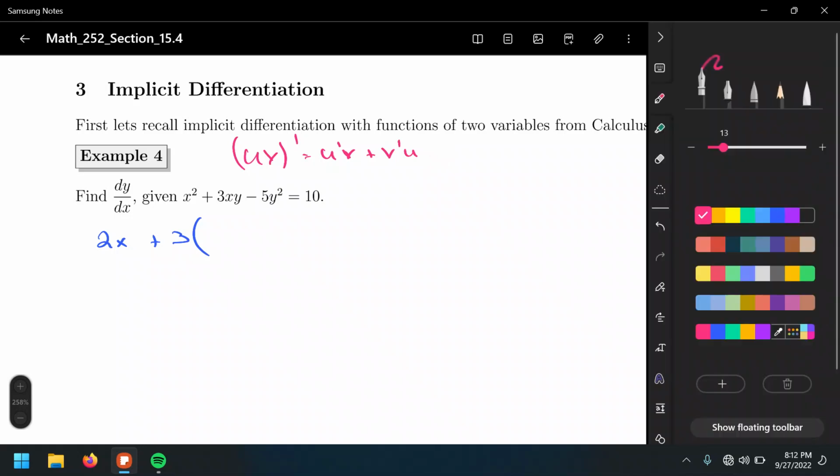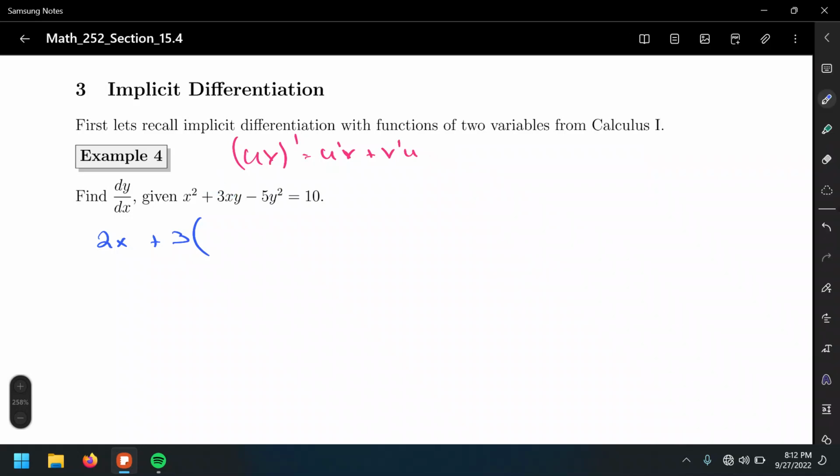In other words, we differentiate the first factor, that's the derivative of x, which is 1, times y, plus the derivative of the second factor, y. But remember, from implicit differentiation, whenever we differentiate a y, we just write dy/dx, times the x.